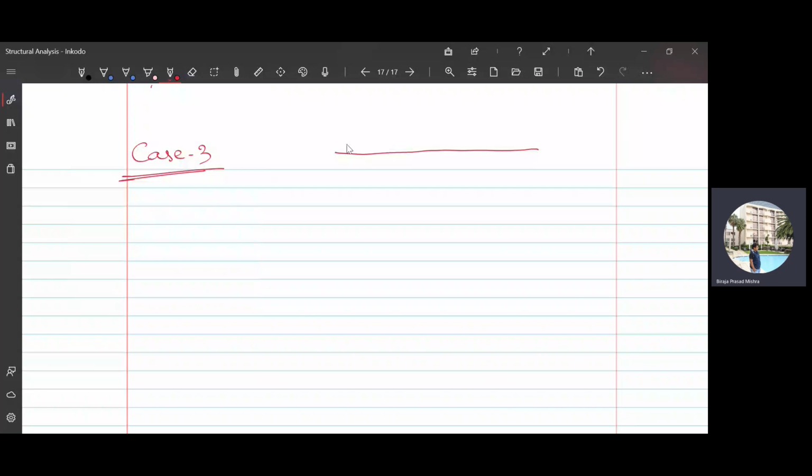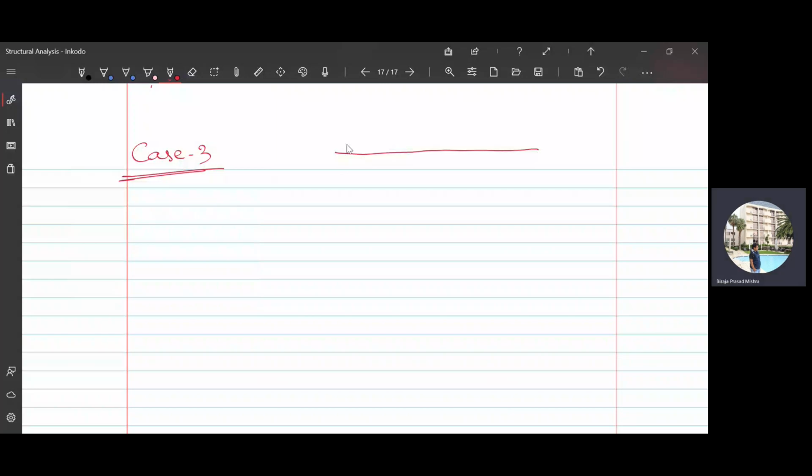So this is stage 1, stage 2. And this one is again W per unit length. This is A, this is B. The length is by default L.